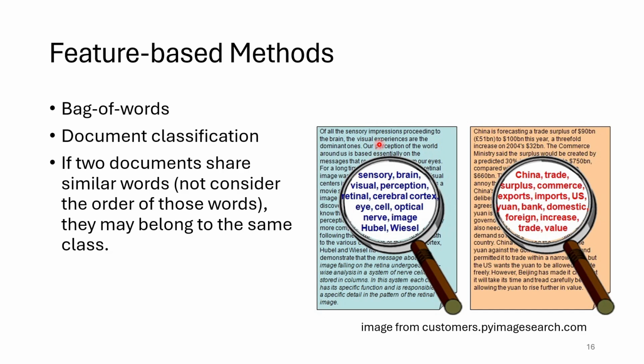Then we can use a vector to describe the document, and compare those features against another document. If this vector is closer to something, then maybe this belongs to the same class.